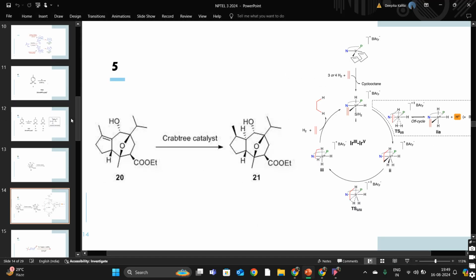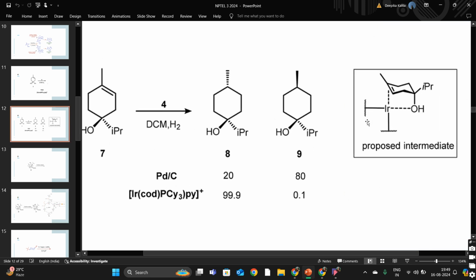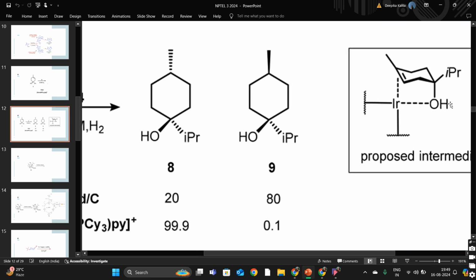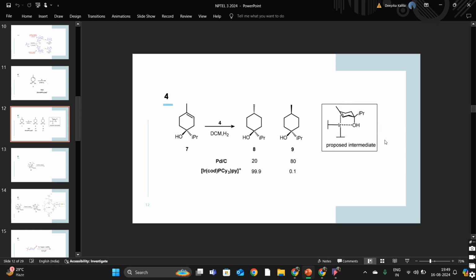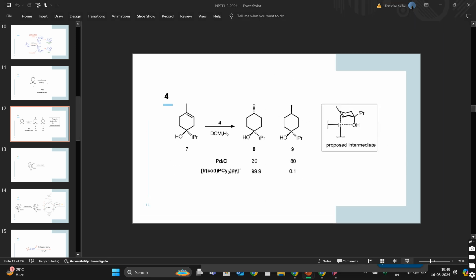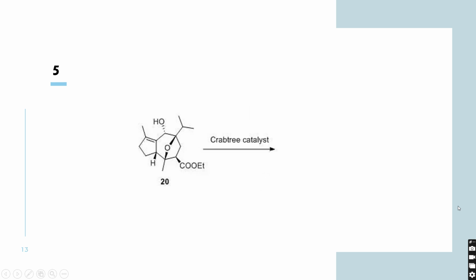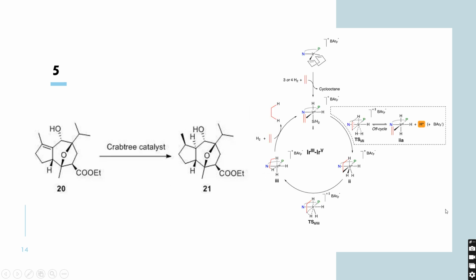If you remember, this kind of transition state is getting formed in presence of hydroxy functionality, and from the same phase the hydride will be donated. This is why your methyl and hydroxy will be trans to each other.